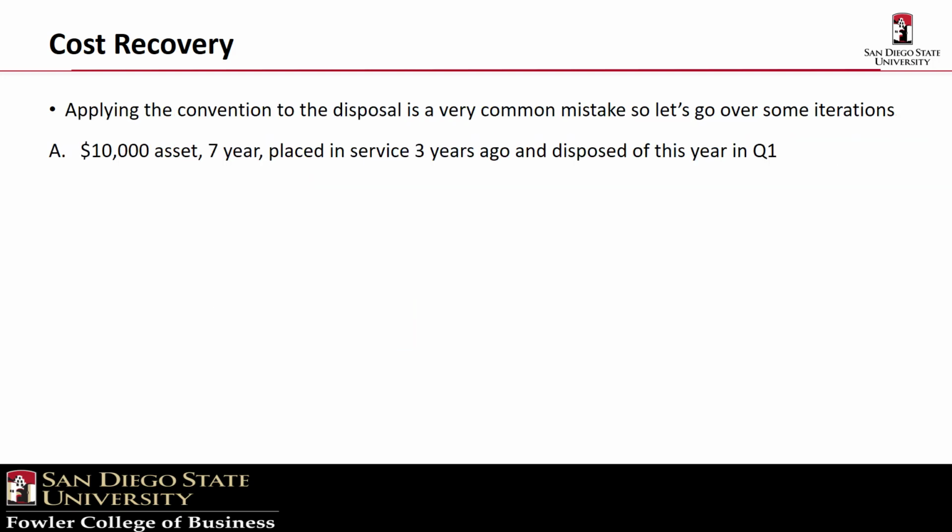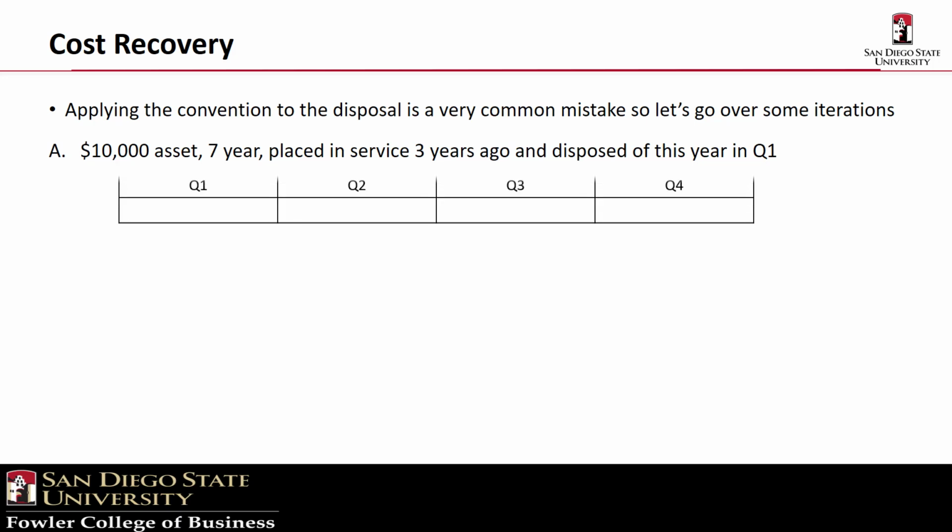Just to be clear, let's do a couple of quick examples on applying the mid-quarter convention to a disposal. In the first example, we repeat the last example. Third quarter asset disposed of in the first quarter. We get 1/2 of the first quarter of depreciation. We get none for the following quarters.